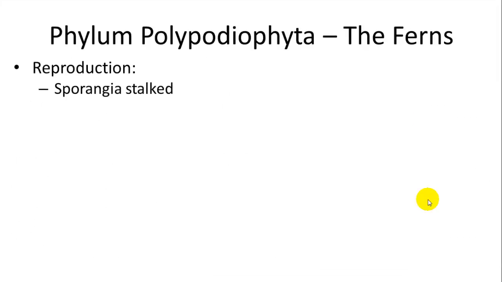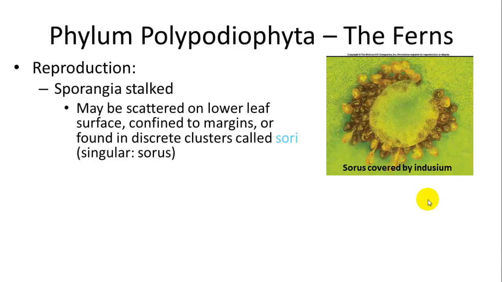Their sporangia have stalks on them, and they may be on the lower leaf surface, generally also on the underside of the leaf, confined to the margins, or they're also found in discrete clusters called sori. So here's one sorus, and then this is kind of a flap of tissue covering everything called the indusium.